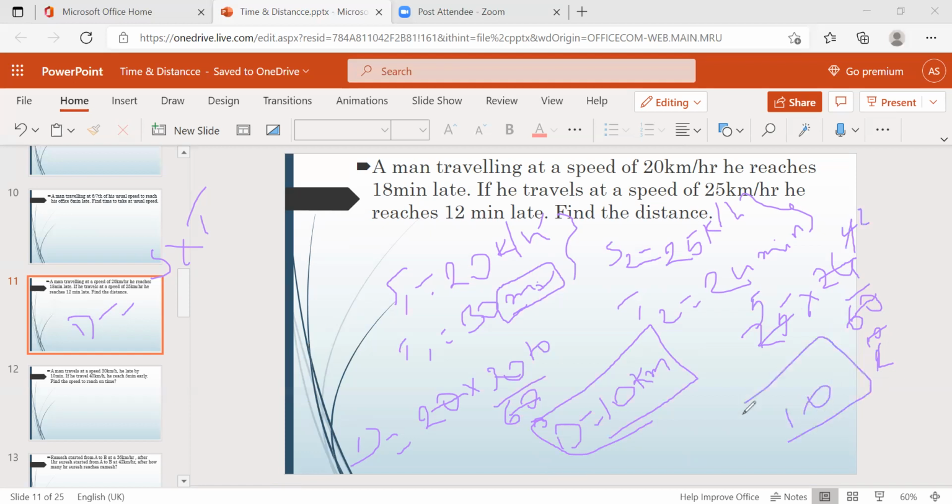So both give the same kilometers, right? So this is by using ratios, and the very important point is that speed is inversely proportional to time. For these types of questions, just note it down, everyone.